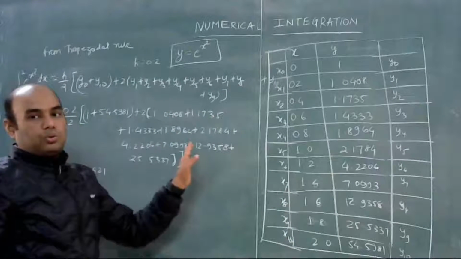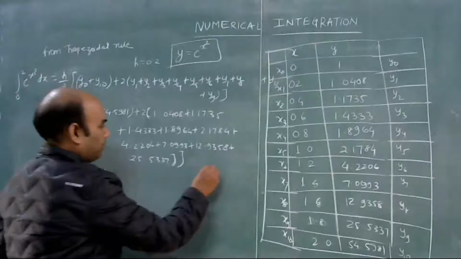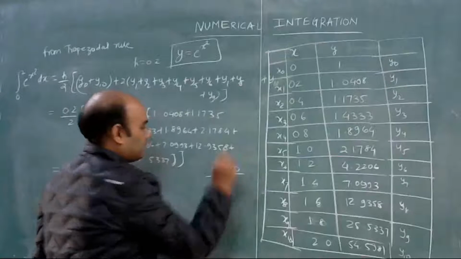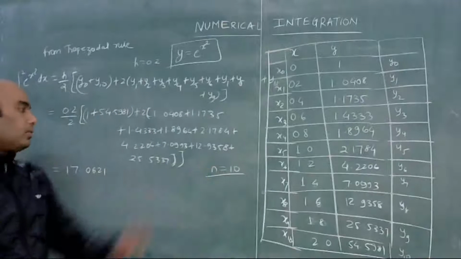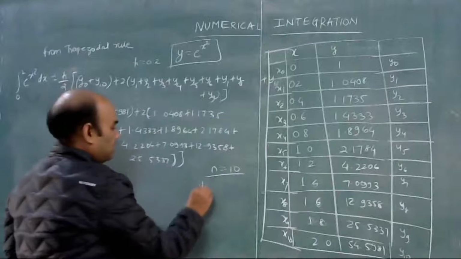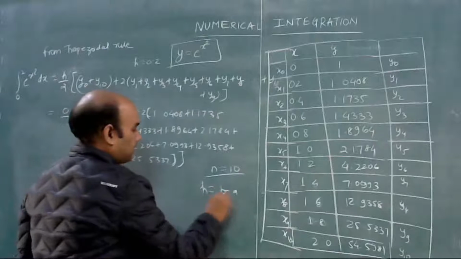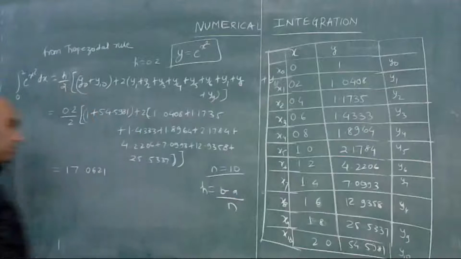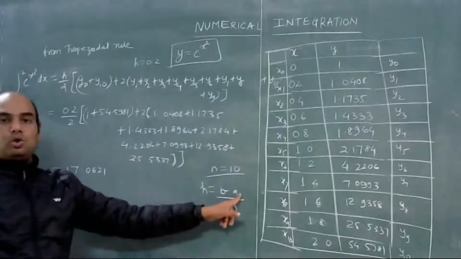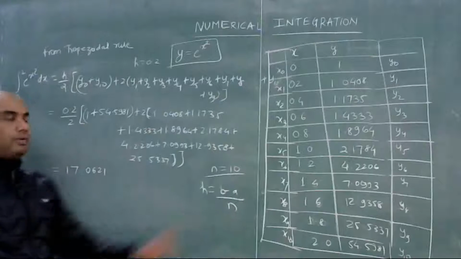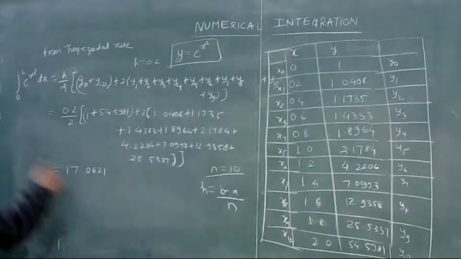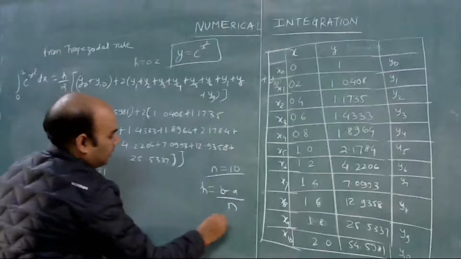And in the question it is given that n is equal to 10. So it is clear, you have to take n is equal to 10, and h is equal to b minus a upon n, where b is the upper limit and a is the lower limit, divided by the number of intervals. So this is 2 minus 0 by 10 is equal to 0.2.